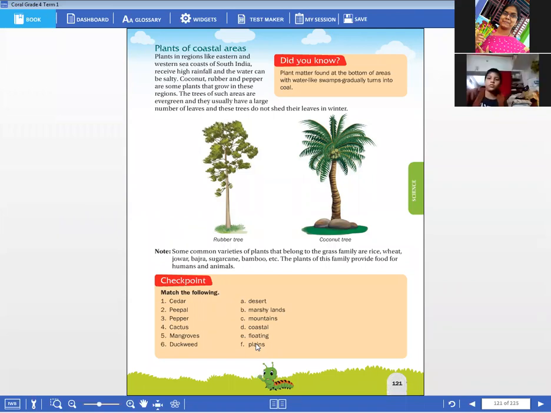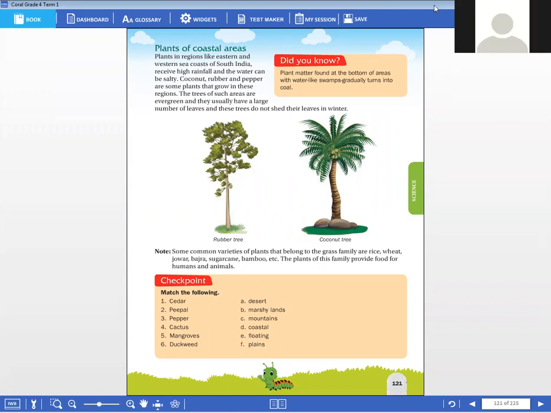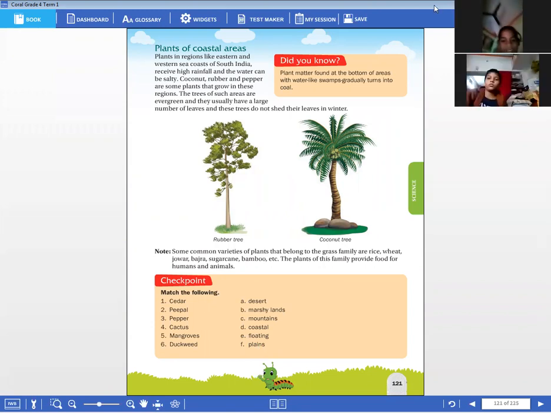See, let me once tell you the words in the checkpoint, children. Let me once pronounce it for you. Have you completed noting down, children? If you completed that, I'll tell it for you.